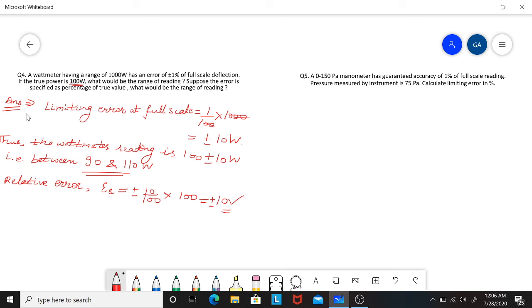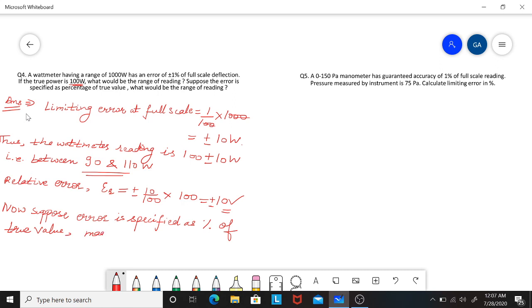Now suppose the error is specified as percentage of true value.